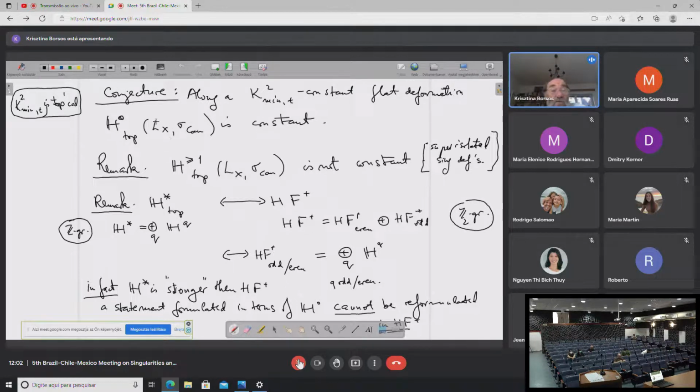And in many examples we checked this, and in some cases we proved that this is really true. This would also have strong consequences in the deformation, how we connect, say, Heegaard Floer with the deformation theory. So maybe a few more words.